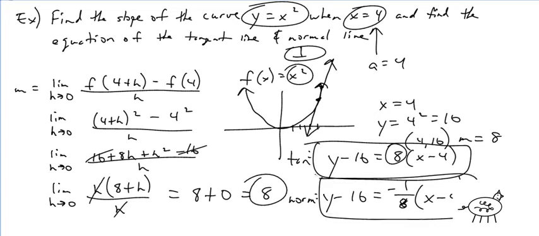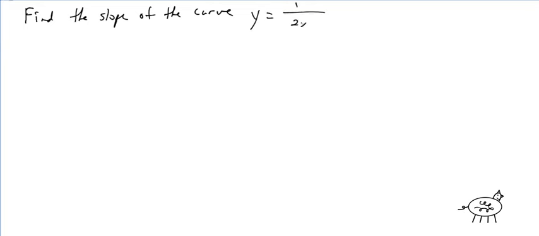Okay? All right, so let's do another example. It's something a little more complicated, because that was relatively easy. So let's do something a little more complicated here. Same directions. I want you to find the slope of the curve y equals 1 over 2x squared when x equals negative 3.